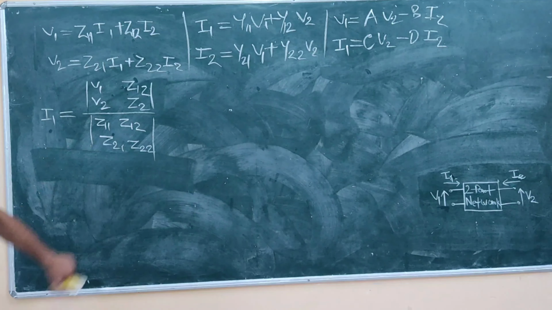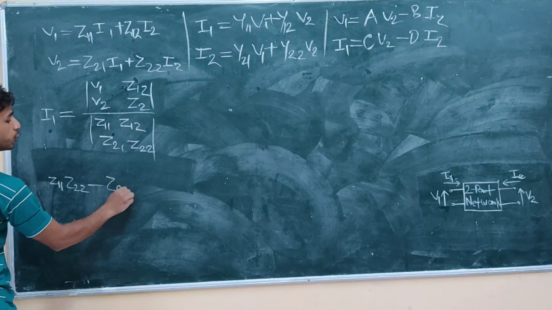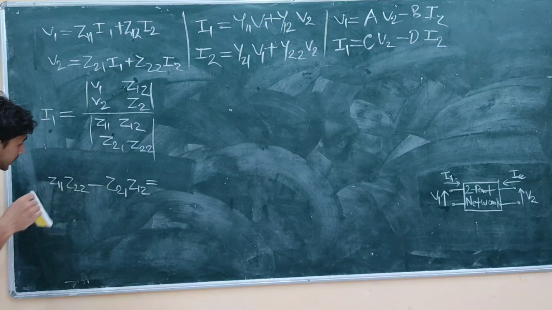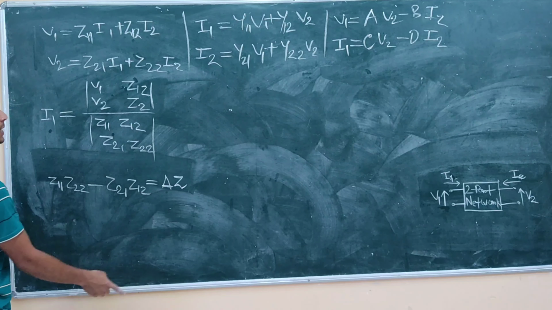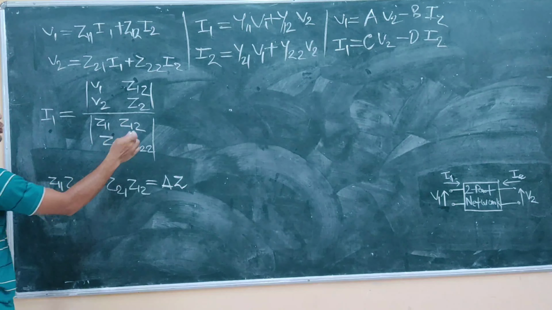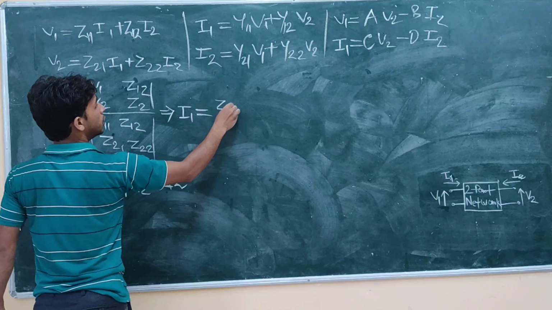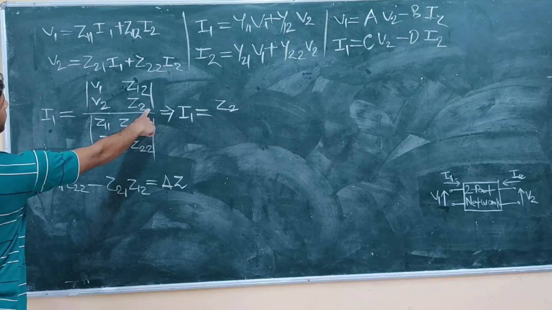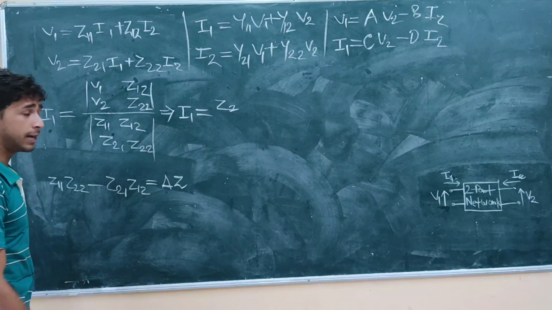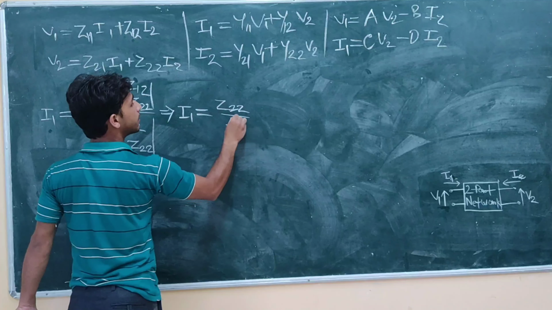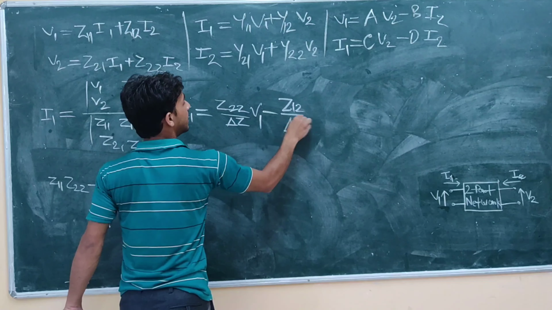By evaluating this determinant, you will get Z11 Z22 minus Z21 Z12, and we symbolize this whole term as delta Z. By putting this delta Z in the determinant, we have I1 equals Z22 divided by delta Z times V1 minus Z12 divided by delta Z times V2.